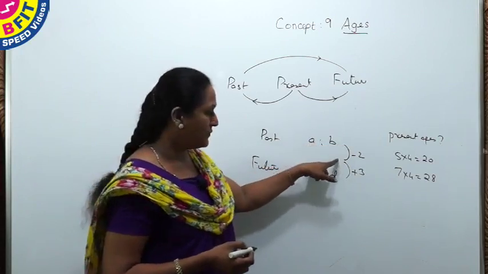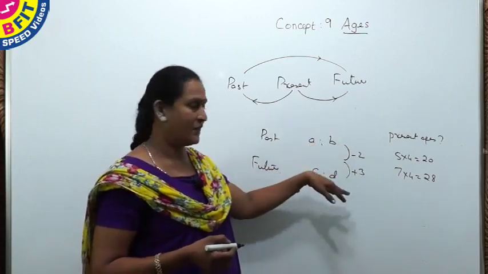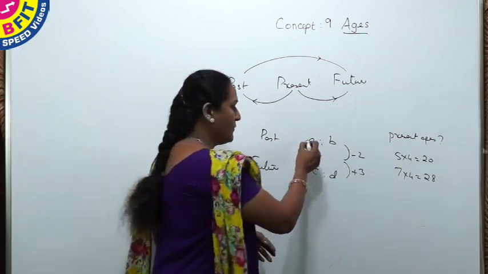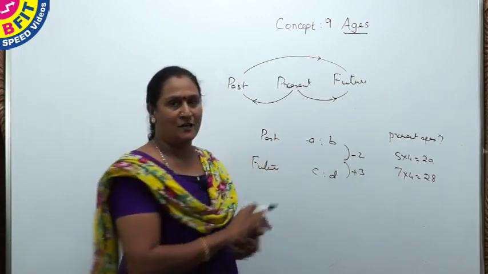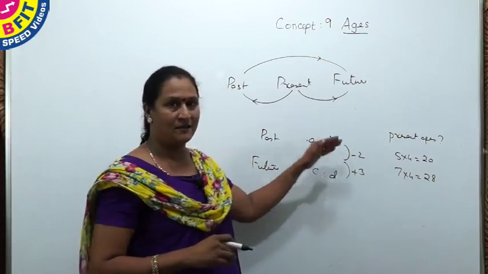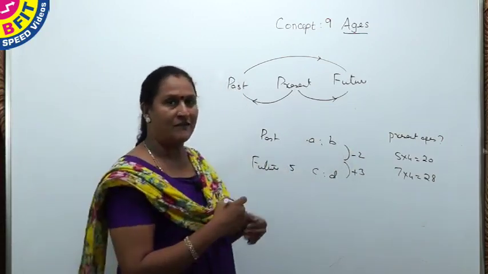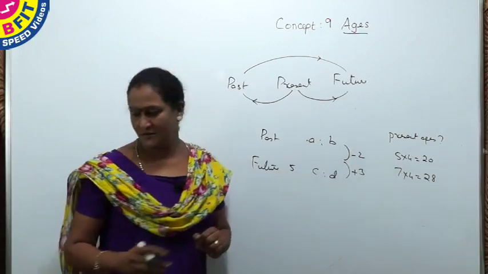From the present we have come 3 years ahead, that is the future ratio. So the increment from past to future, you add the number of years, 2 years back and 3 years ahead. The difference from past to future will be the sum of these years.